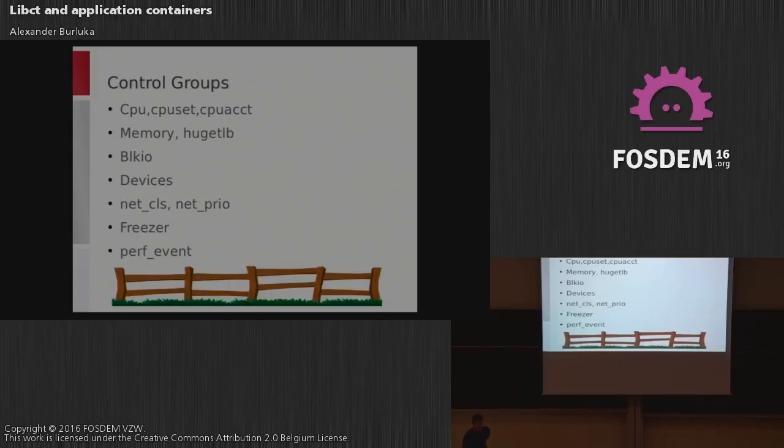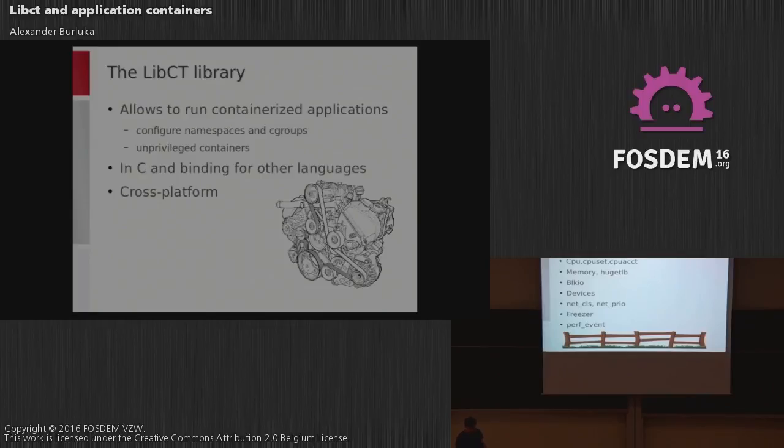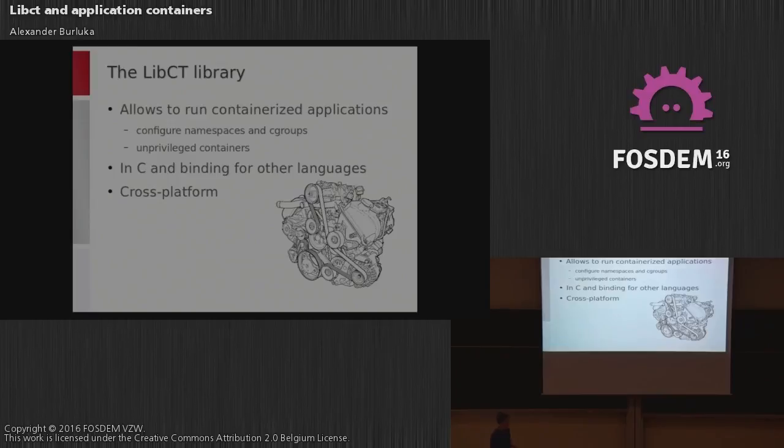Memory control groups limit the memory of a container. Then there are the input-output devices of the host system. For networking, you may give a class identifier to shape network traffic. Freezer, which was in previous talks, and so on. I think that's enough about cgroups. I think all of you know about that.